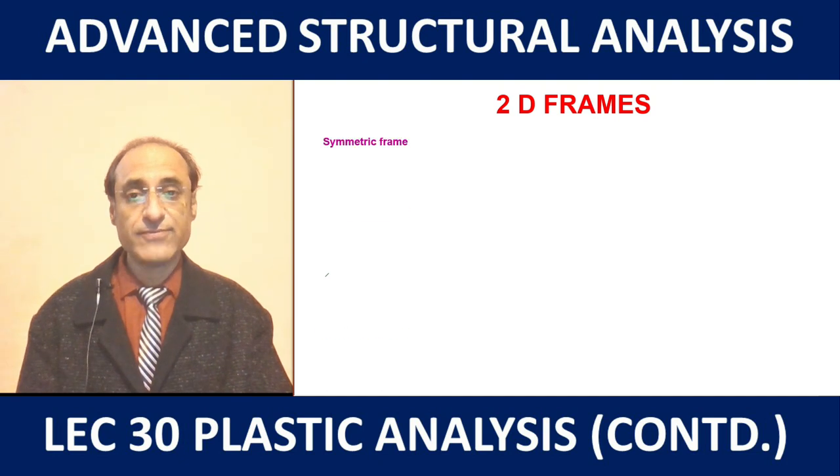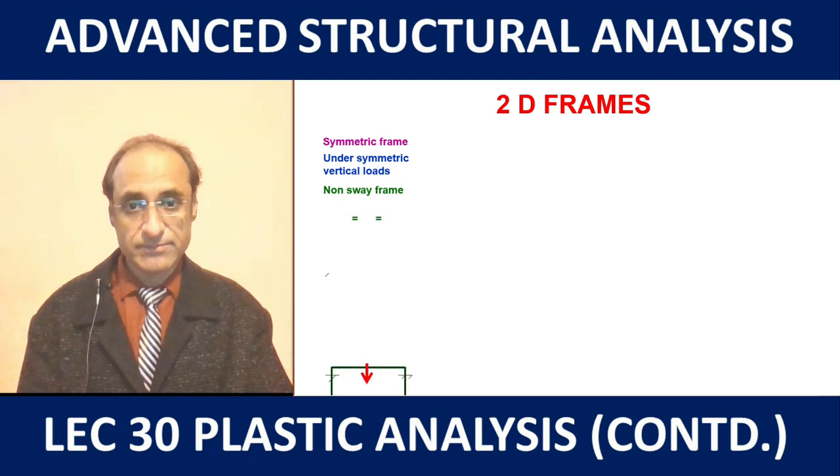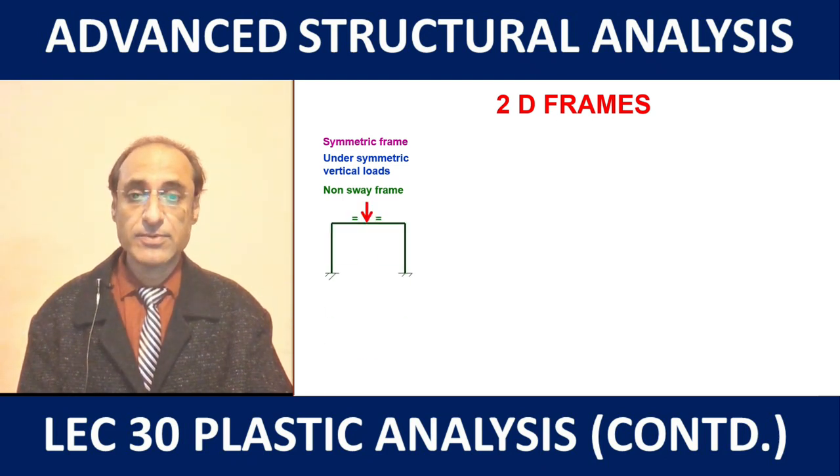So essentially, if we have a symmetric frame and the frame is under vertical loads which are also symmetric in nature, so this is a non-sway frame, and typically in this particular configuration it is very easy to visualize that only the beam mechanism is possible.